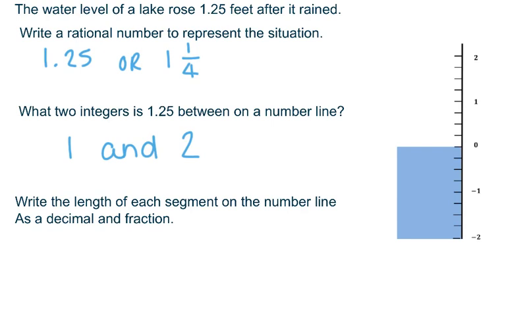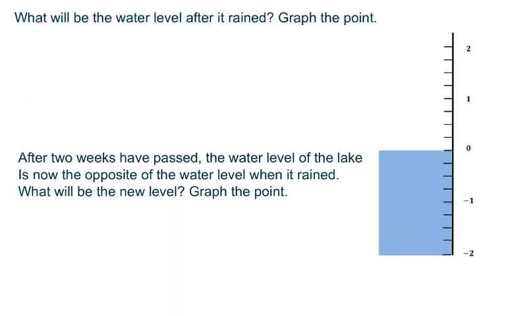Write the length of each segment on the number line as a decimal and a fraction. So each segment is going to be either 0.25 or 1/4.